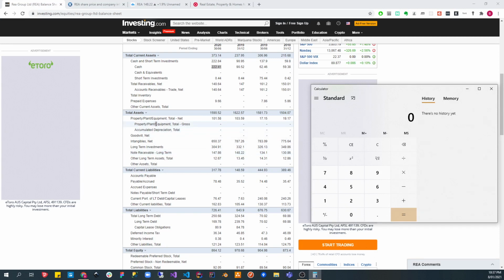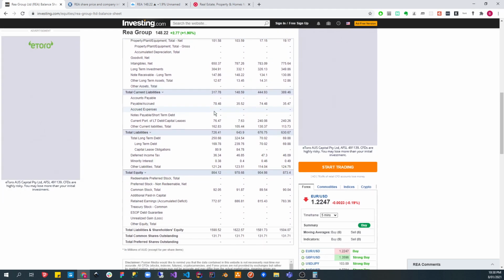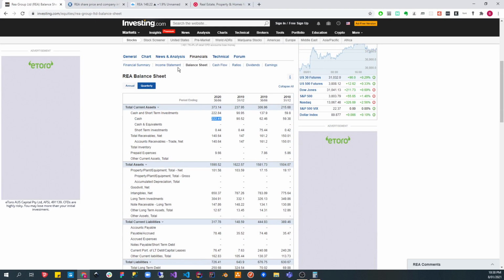When you're looking at these kinds of things, you have to look at the cash on hand. Okay, so that's pretty much it. That's probably why there's no quick ratio.